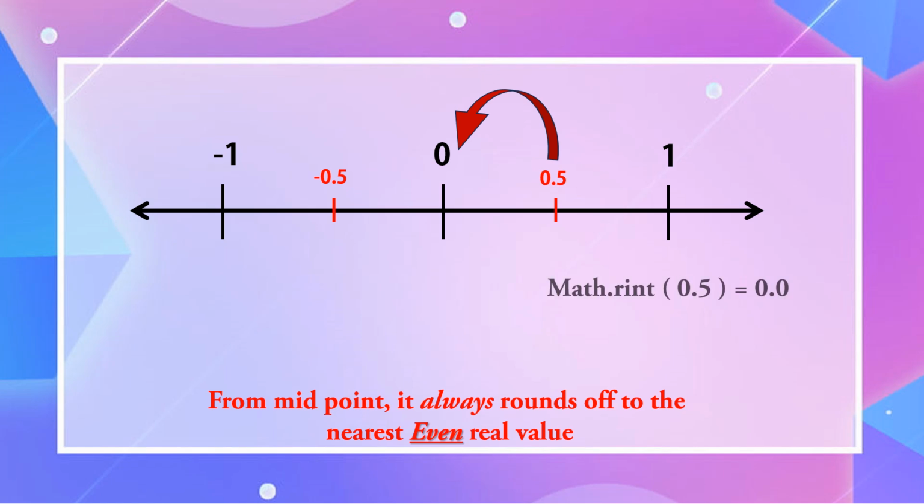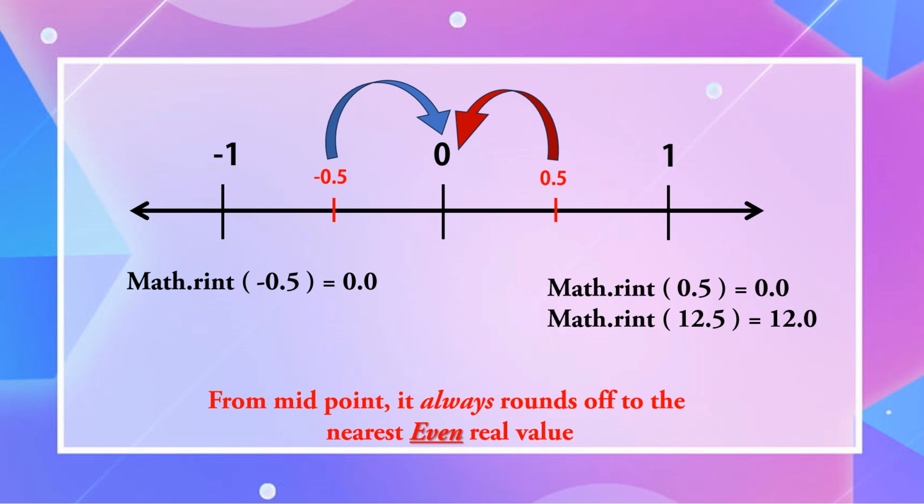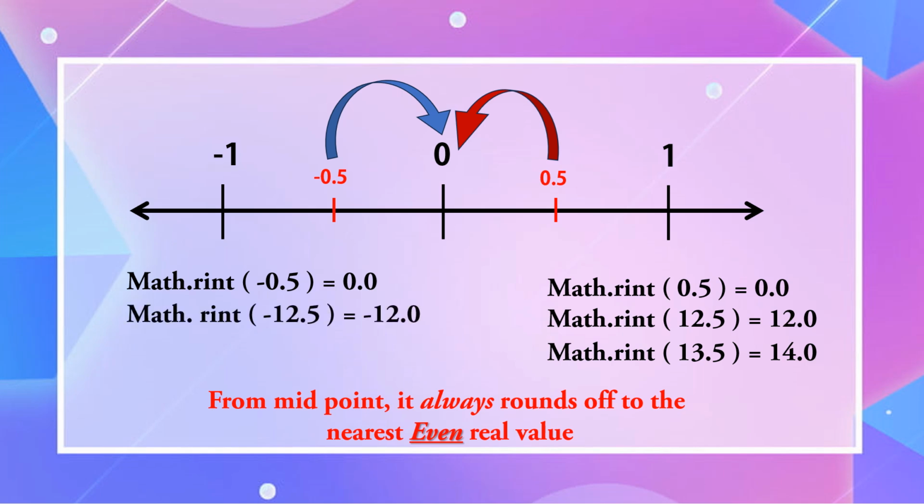If it is minus 0.5, same thing happens, it goes to 0 because minus 1 is odd. 12.5 will become 12.0, 13.5 will become 14.0, minus 12.5 will become minus 12.0, and minus 13.5 will become minus 14.0.